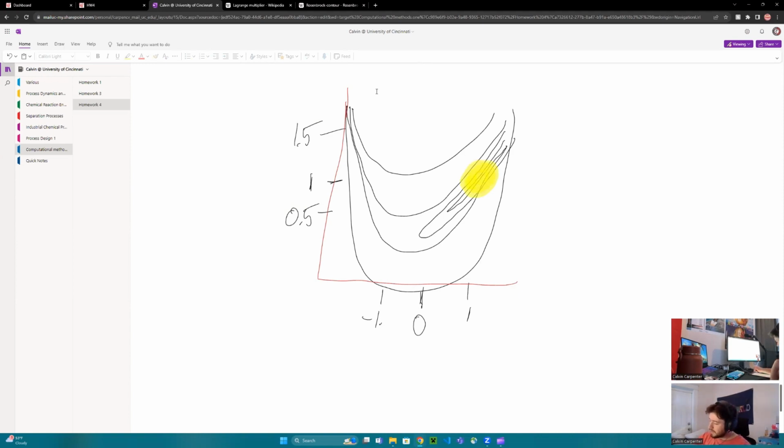So that means that our local minima will travel somewhere down here, and right there, it means that our local minima will fall somewhere between 0.5 and 1.